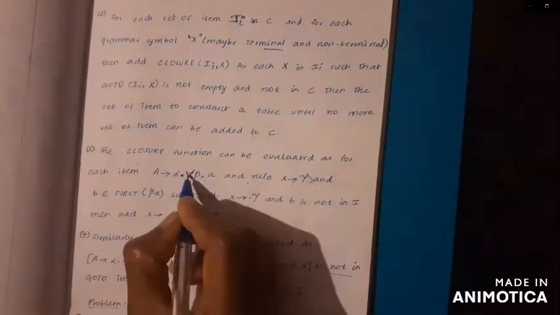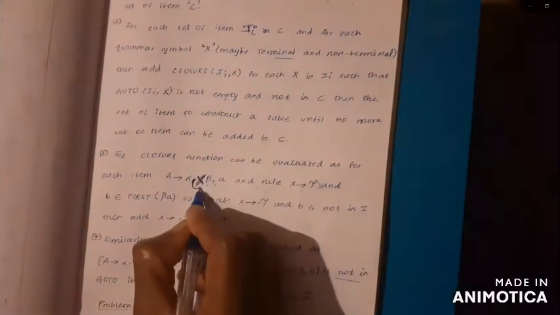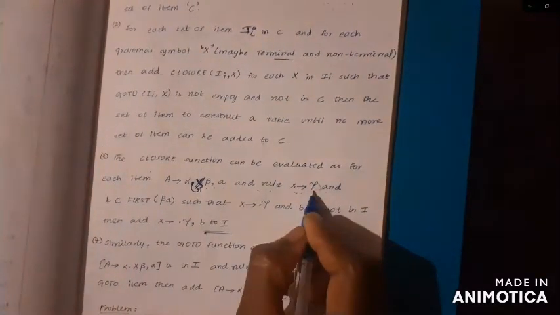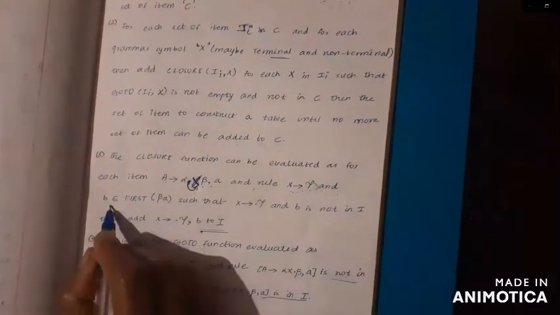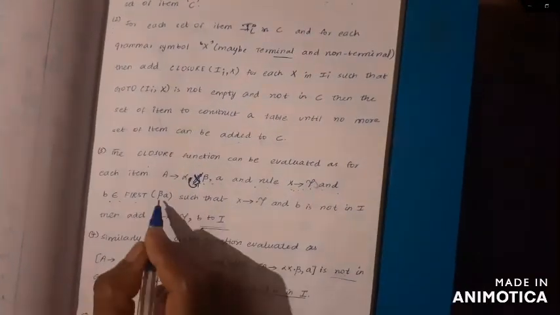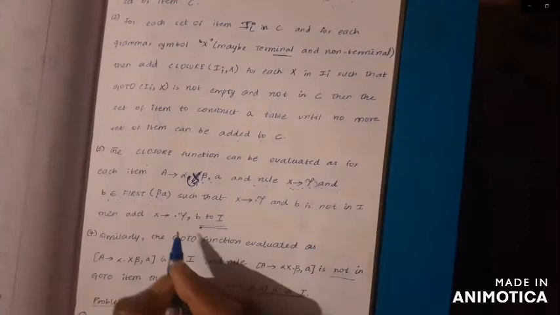Since the dot's immediate right side is a non-terminal, you have to write the X production, that is X tends to dot gamma, and b belongs to first of beta a. So based on the production you create the lookahead symbol. So how to check? Here you can check.